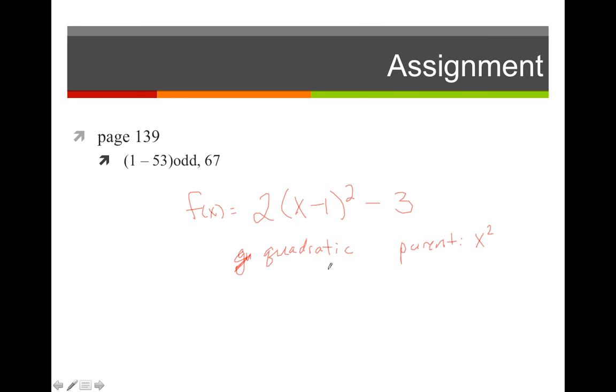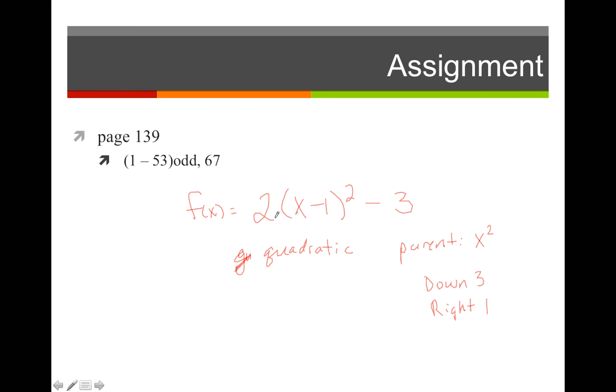We should know from today's lesson that the minus 3 says take this parent function, go down 3 units. And if we think about just taking the vertex, by the way, we could take that vertex down 3 units. This minus 1 tells me go right 1 unit.